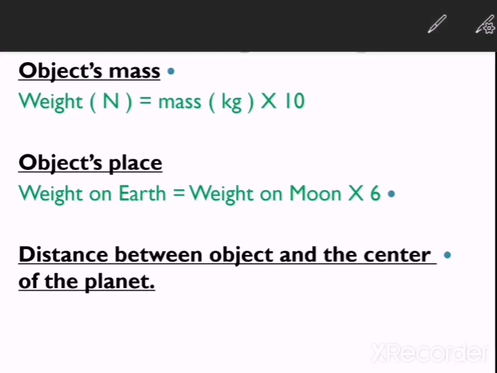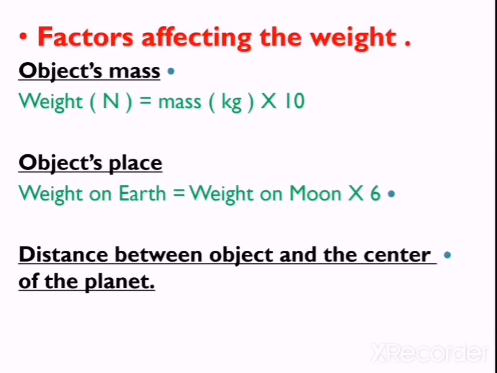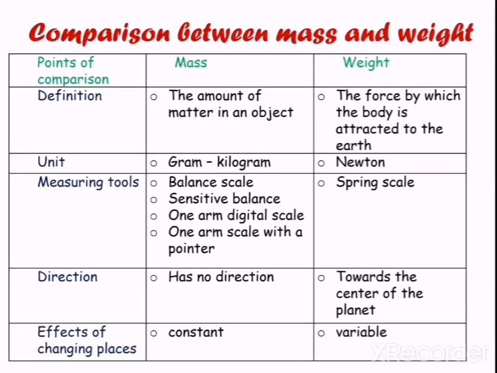So the factors affecting the weight, there are 3 factors. Number 1, mass. Number 2, the object's place, and the distance between the object and the center of the planet.